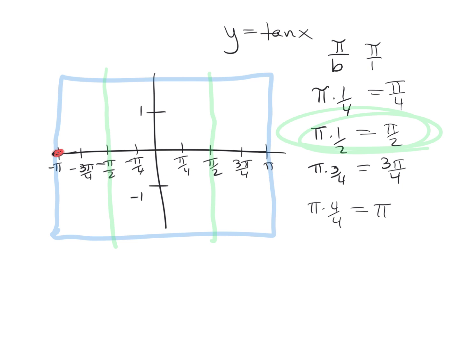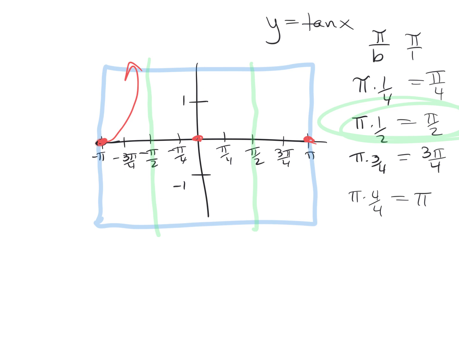I'm going to put a point on the x-axis. And then now I take on the x cubed graph. So this would go this way. This is out of my viewing area, so I don't show that. And then here, here, and then here. This would be out of my viewing area. And there's your graph.